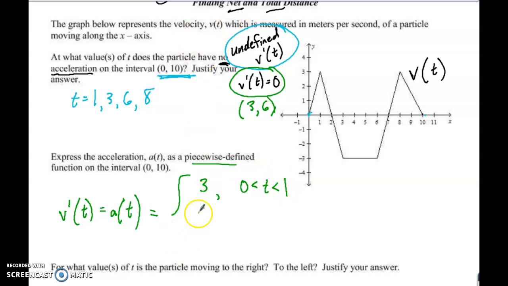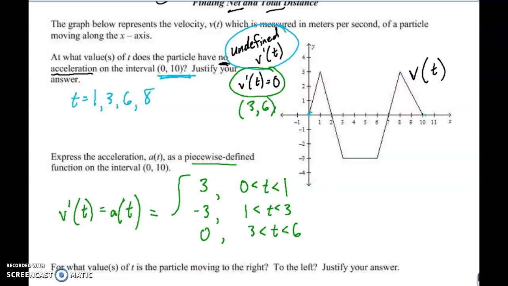So we're with respect to time. Then the next interval looks like it's negative 3. And that's between 1 and 3. And then we get a slope of 0 between 3, we kind of already discussed that, and 6.